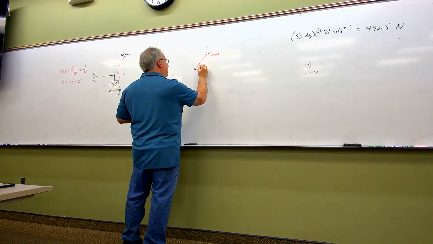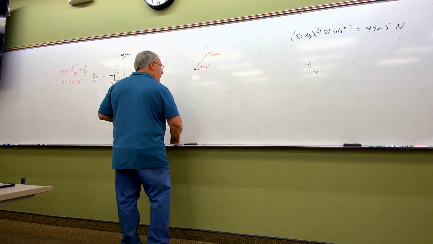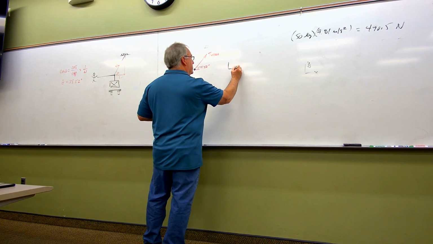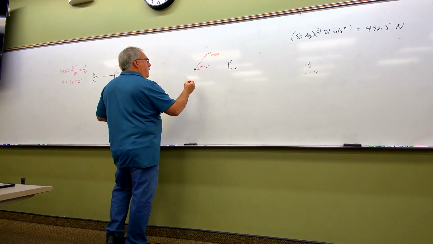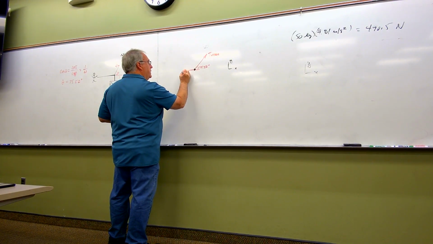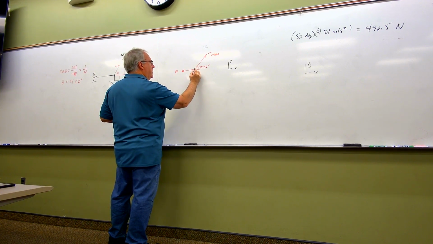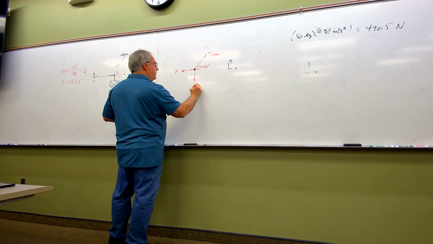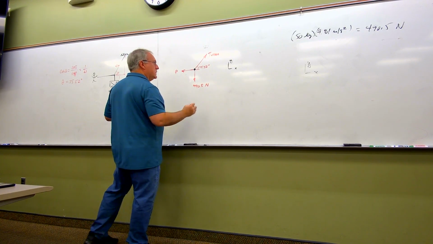I've got that 75.52 degree angle right there. I'm not going to forget my X and Y axis system. I've got the force P that I'm pulling on horizontally here, and then we've got the weight force here, 490.5 newtons.